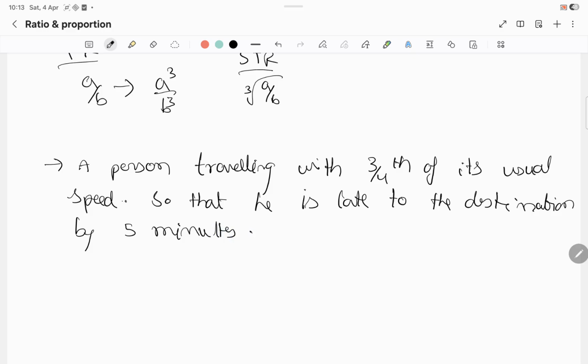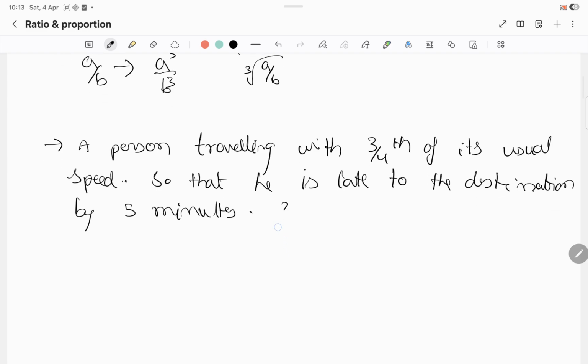Now what we need to find: suppose if he travels with his own usual speed, then at what time he will reach, that we need to find.